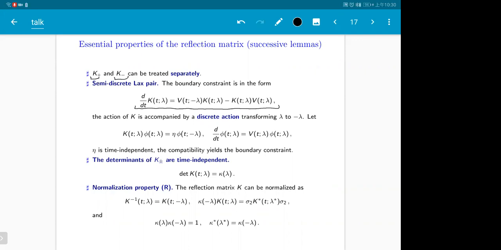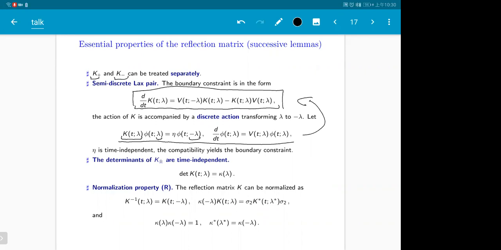This is because your K matrix acting on the auxiliary field will deliver a discrete action transforming your spectral parameter lambda to minus lambda.